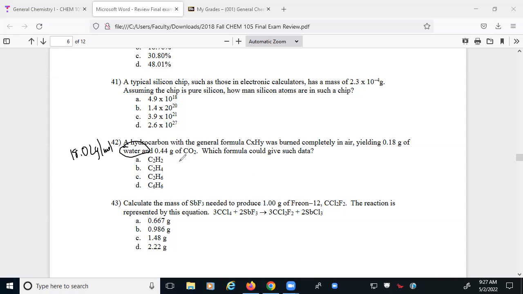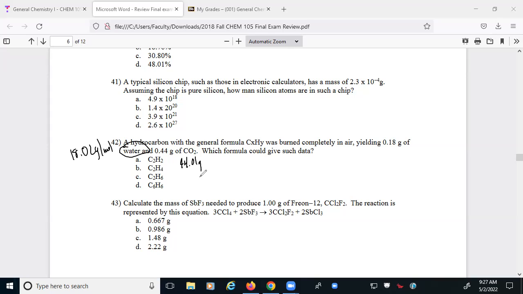You know from experience that the molar mass of carbon dioxide is 44.01 grams per mole, and you've been given 0.44 grams. That relationship alone should tell us that carbon and hydrogen exist in the same one-to-one ratio. So from that alone, A and D are going to be our options.